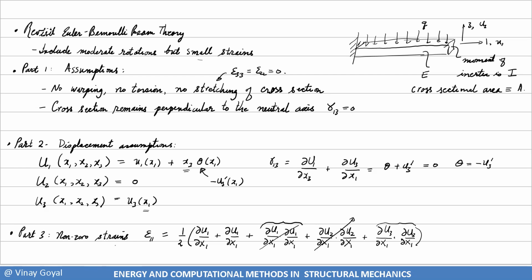So that brings me to the following. It gives me u1 prime minus x3 u3 double prime plus 1/2 u3 prime squared.